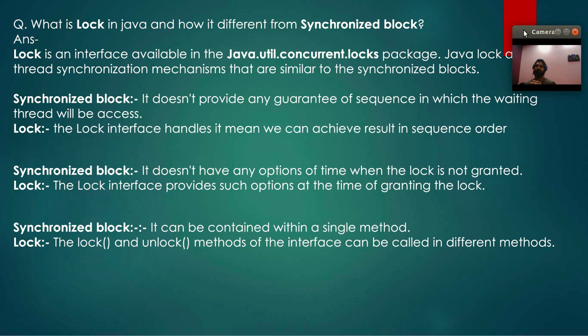The second difference is that the synchronized block has no option of a timeout when the lock is not granted, but the Lock interface provides such an option at the time of granting the lock, right?